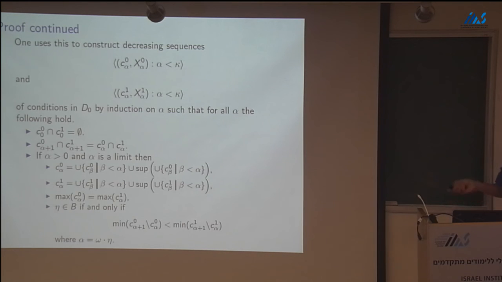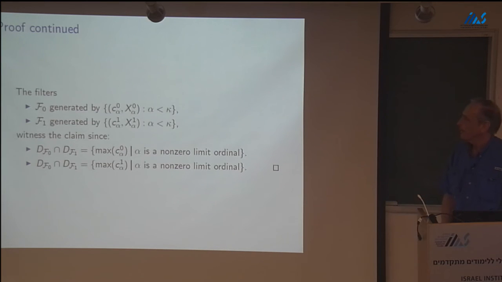Okay, that's an easy construction given that property. Now the two filters witness the claim. Why? Because the intersection of the two associated clubs is just the maximum elements of the little closed sets where alpha is a non-zero limit ordinal on either side. And then we've now interlaced and coded up B.